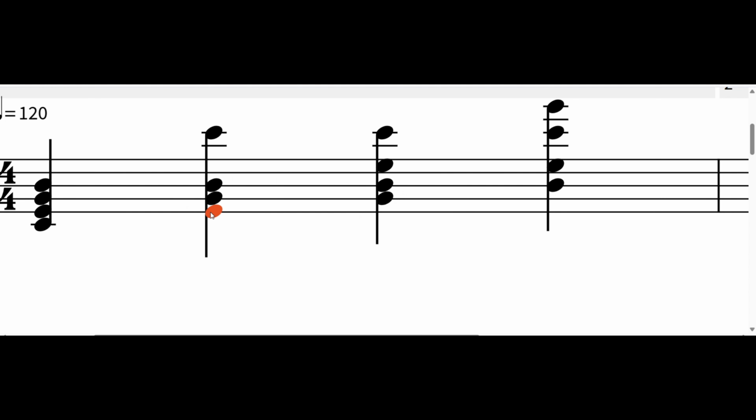So the first inversion is when the third becomes the root, and the second inversion is when the fifth becomes the root, and then the third inversion is when the seventh becomes the root. So it's just like inversion, you do it.